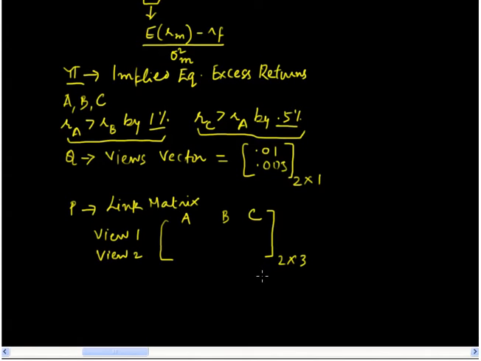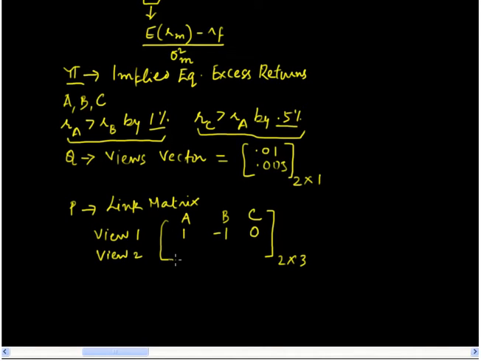We believe that the return on asset A is going to be greater than the return on asset B. So we are positive about asset A. So in the row for the first view, we can write a +1 below A. And we are negative about which asset? We are negative about asset B. So we can write a -1 here. The first view doesn't talk about asset C at all, so we can write a 0 here.